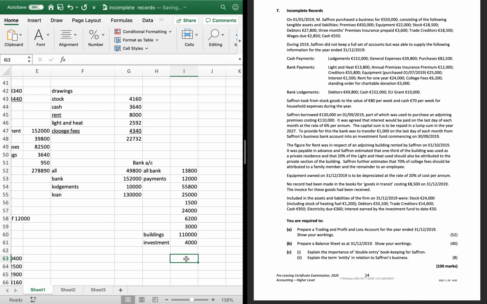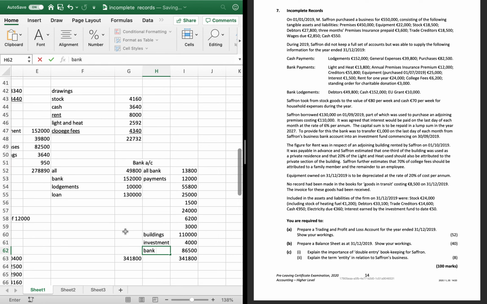So if we add up the debit side, it should be bigger than the credit. There's no reason why it has to be. That's 341,800. So if we have this as 341,800 and then take away all of these, that should give us our bank balance of 86,500.